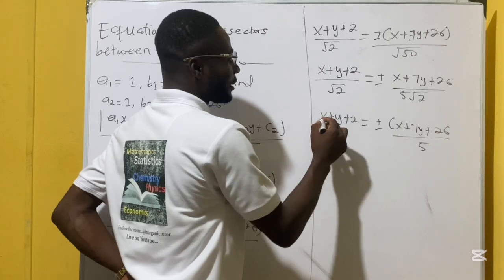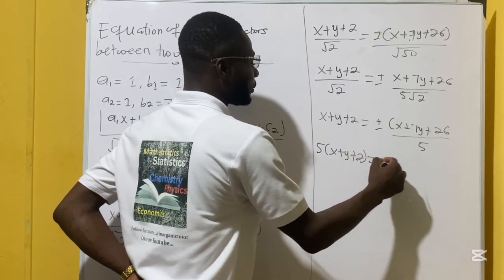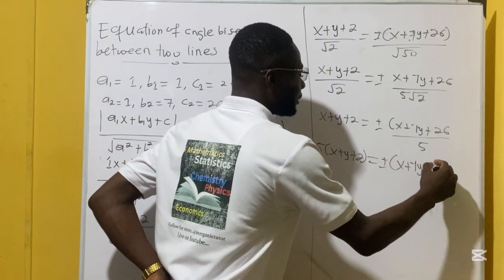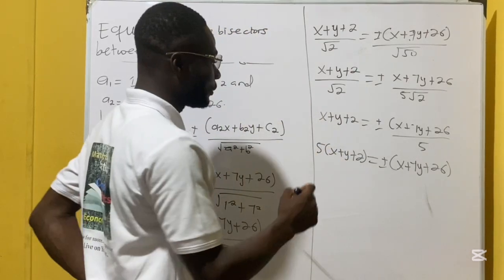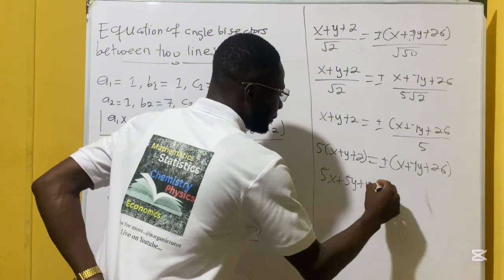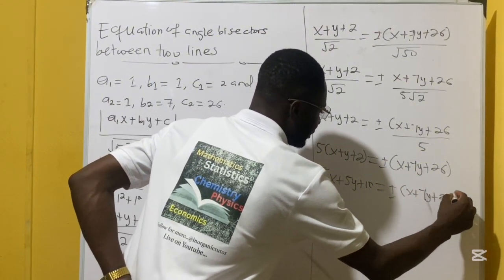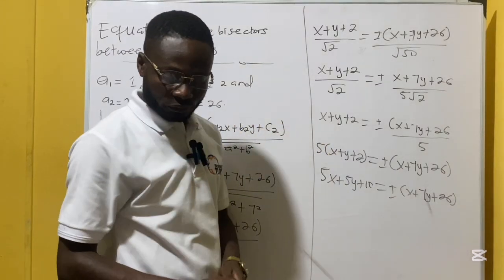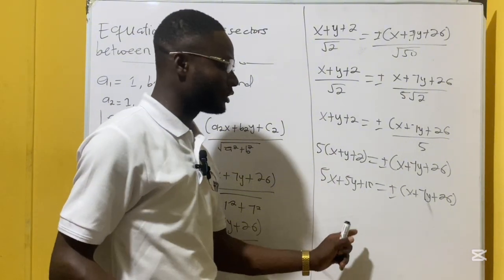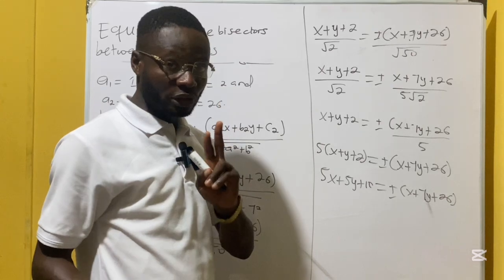So we have 5 times x plus y plus 2 equals plus or minus x plus 7y plus 26. We expand this. We equate it to the positive aspect first, then to the negative aspect, because it is plus or minus, meaning we have two equations, right?